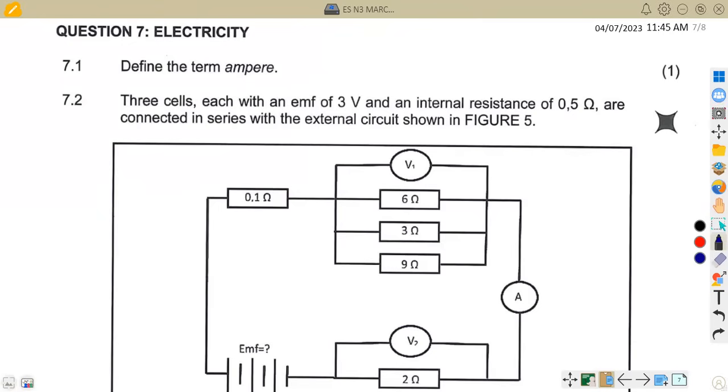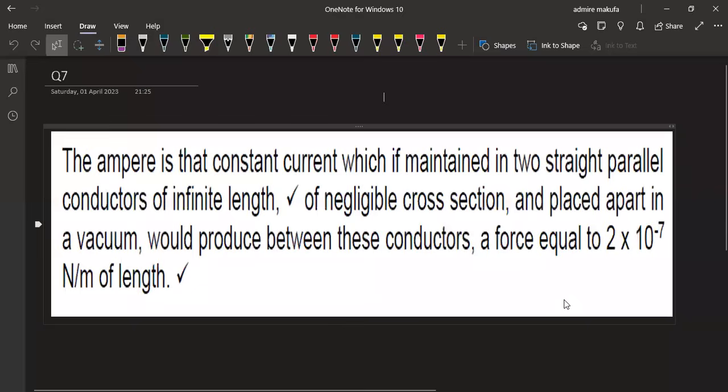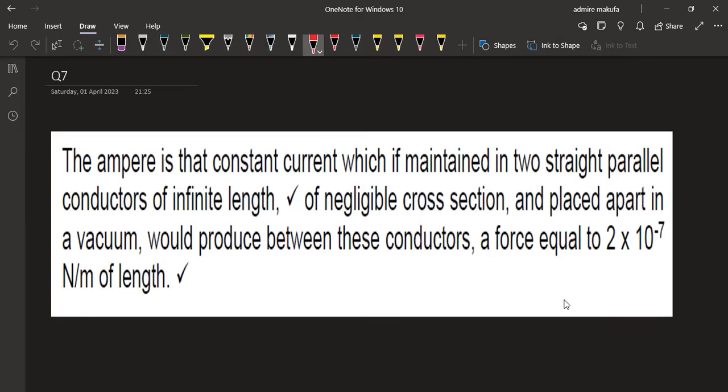Let me show you from this screen here that the ampere is that constant current which is maintained in two straight parallel conductors of infinite length, of negligible cross section, and placed apart in a vacuum, would produce between these conductors a force equal to 2 times 10 to the power of minus 7 Newton per meter of length. So that is how you define an ampere if you're asked to define an ampere, guys.